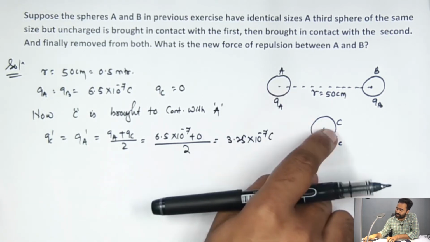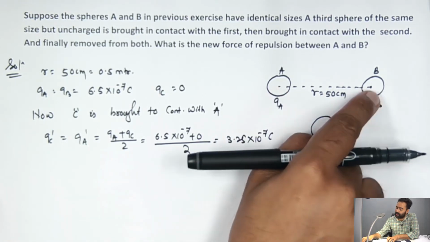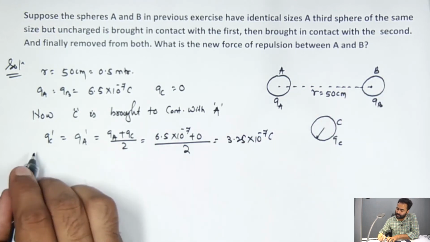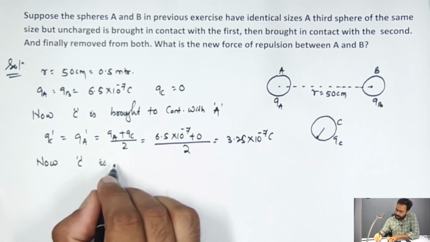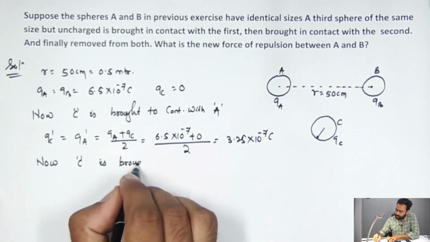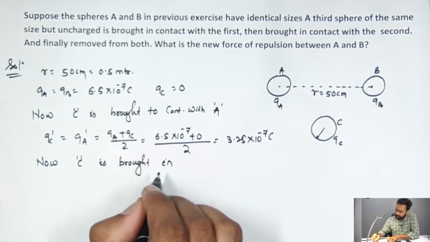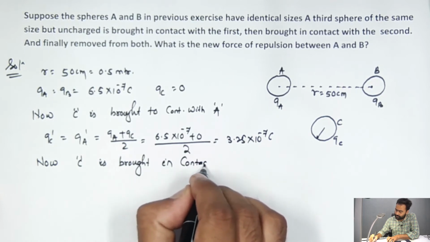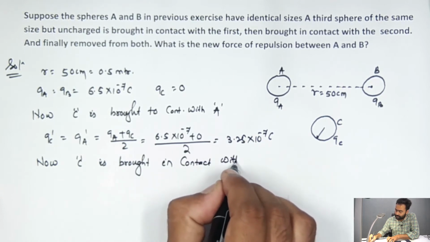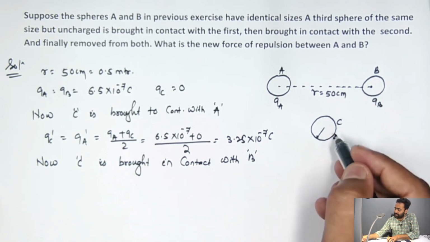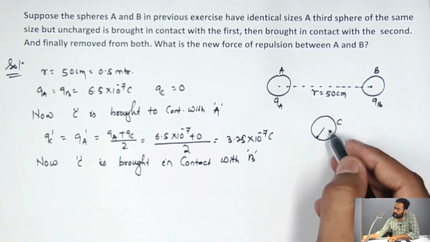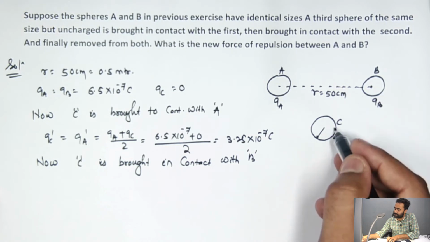Now this sphere C is removed from A and now it is kept in contact with B. Now C is brought in contact with B. So the final charges on B and C will be equal as they have identical sizes.